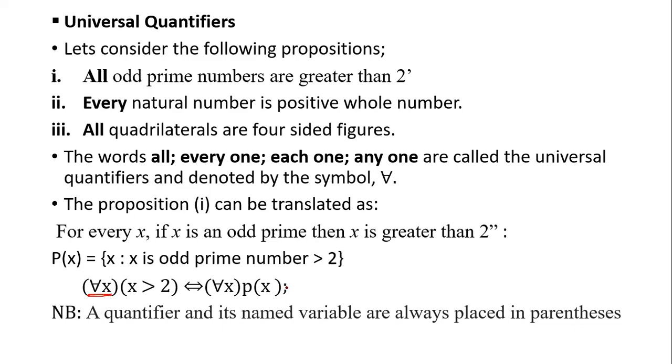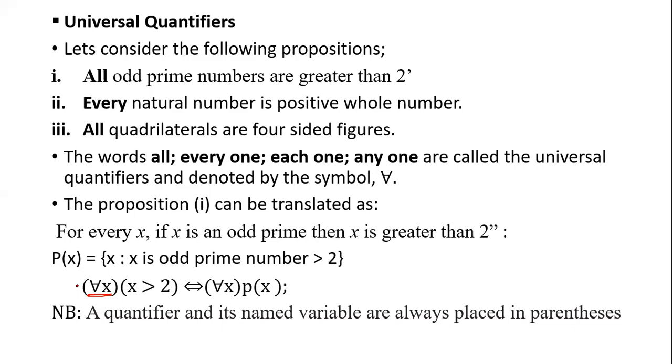So for all x means, what is x? x is a set of odd prime numbers which are greater than 2. So for all x, P, and P is the set of all prime numbers which are greater than 2. Therefore, we can write that for all x, P of x, or for all x, x is greater than 2, where x is the set of odd prime numbers.